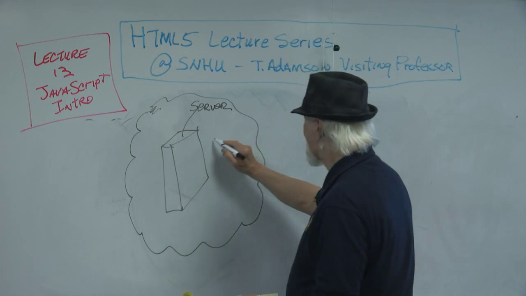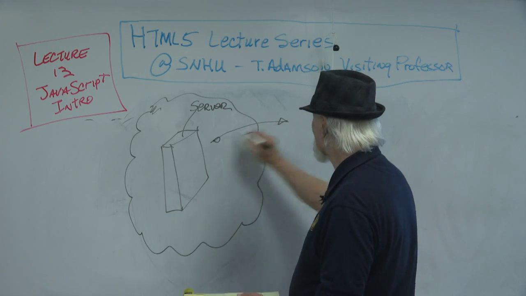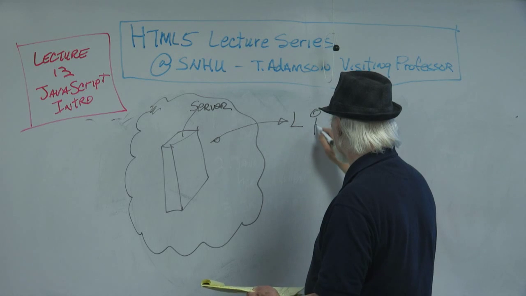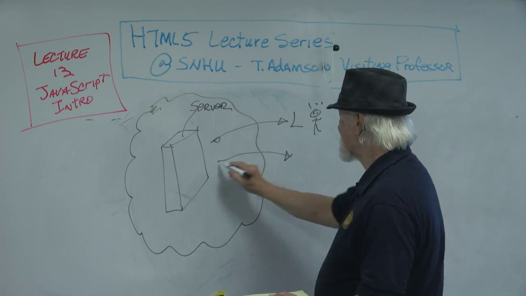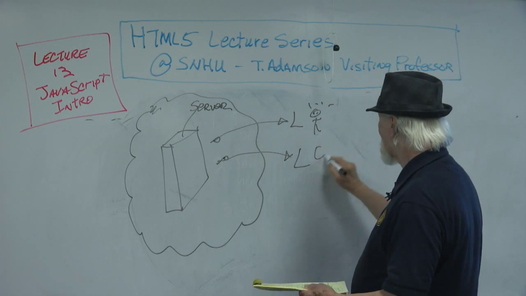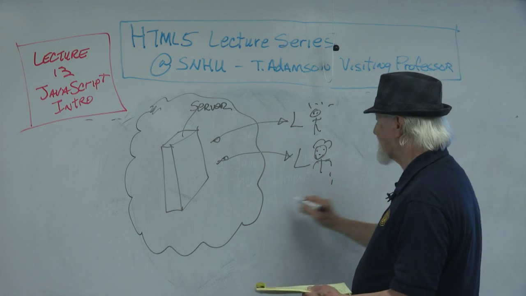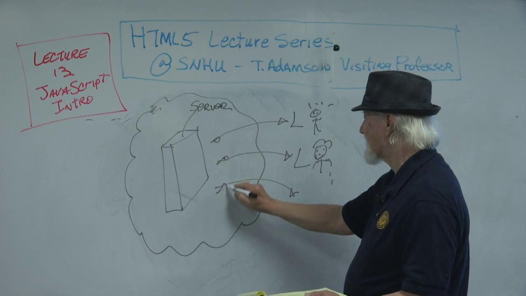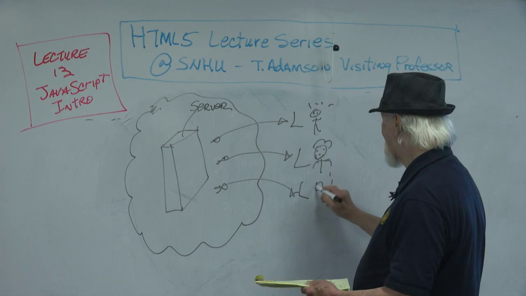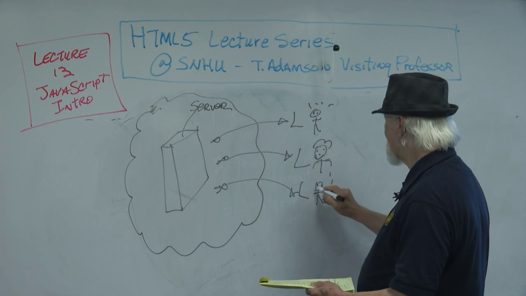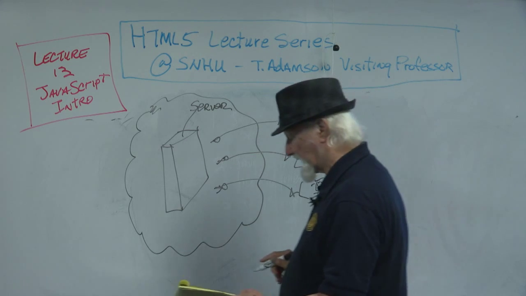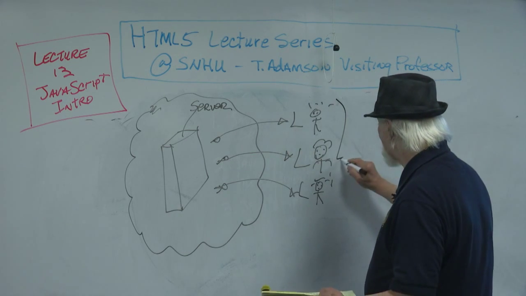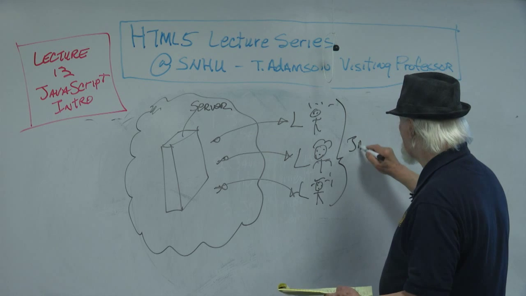And then here I've got this going out to different clients. Here's a client right here. He's using my program. He's all happy. Here's another client using this. She's all happy because she really likes the way I did my HTML5. Here's another client right here coming from the same server, interacting with the server, playing the game, using HTML5. This dude's all happy.